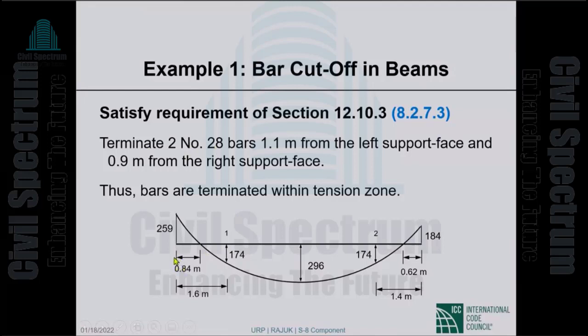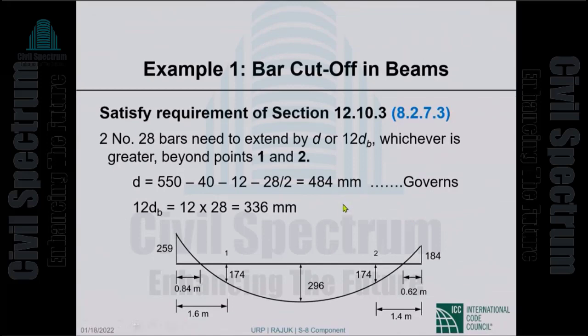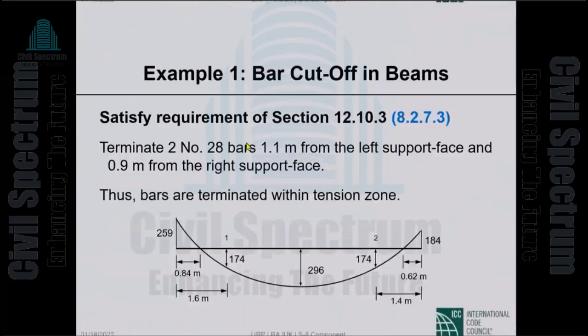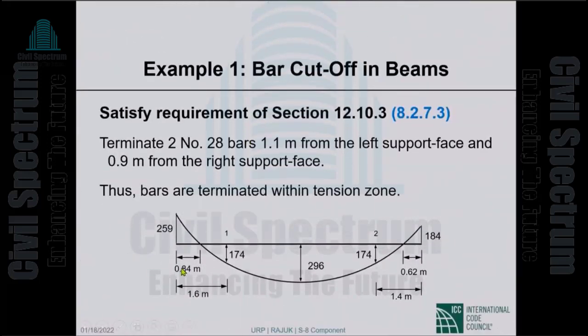So this is 0.84 meters. Another 0.48. So 84 plus 4.